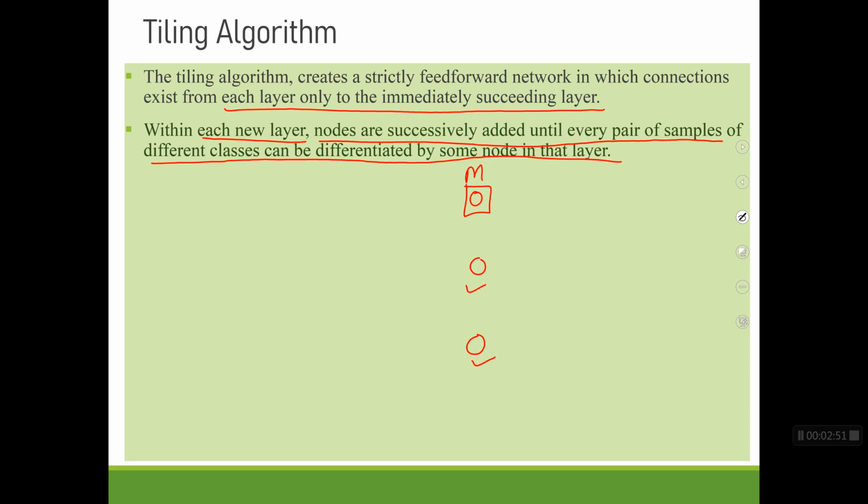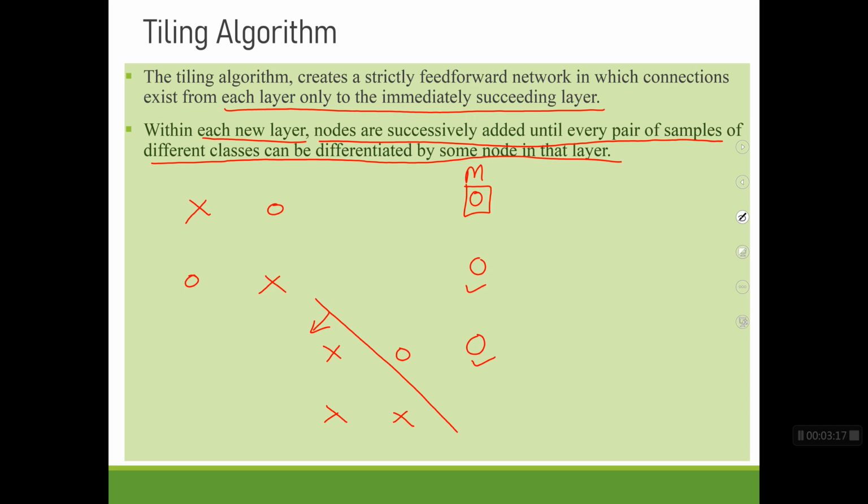For example, let us take the simple XOR problem. Now first we select a particular node. If it is some other problem like this, then I can have one particular line and this line will be separating the patterns from class 1 and class 2.